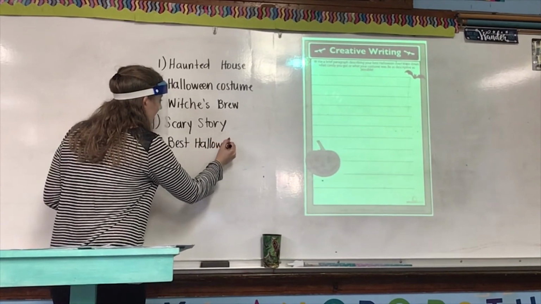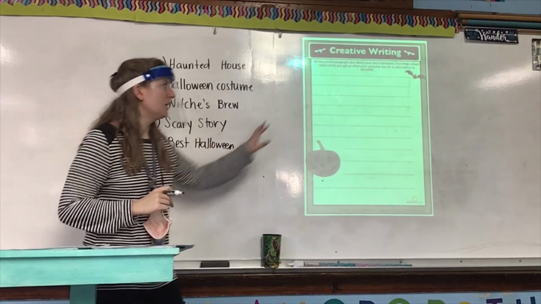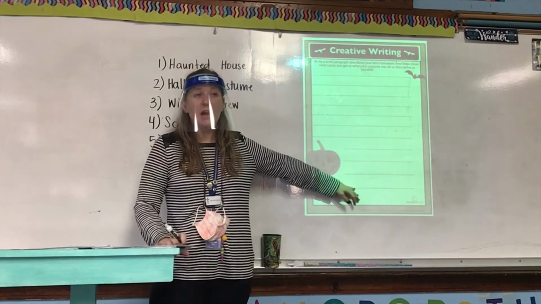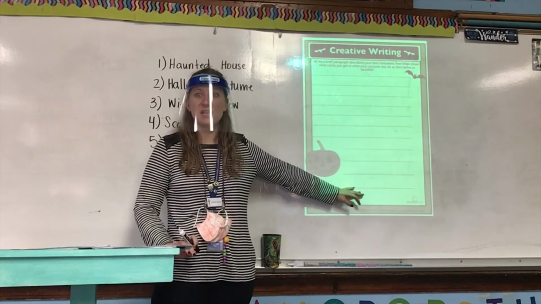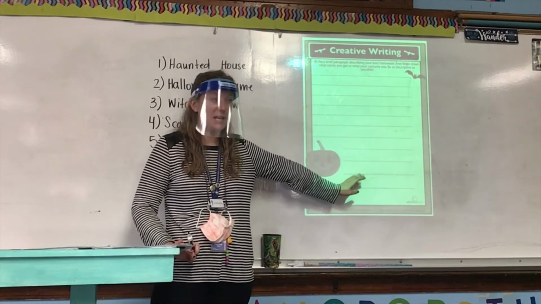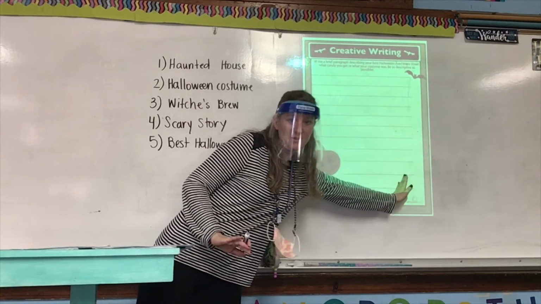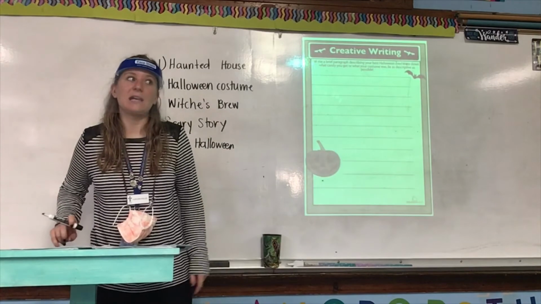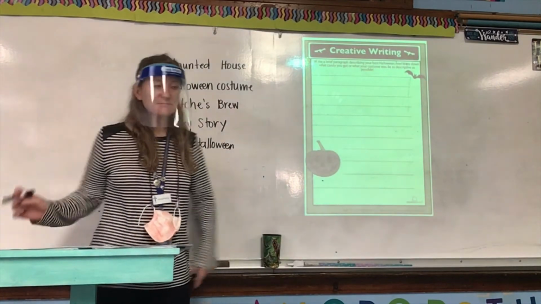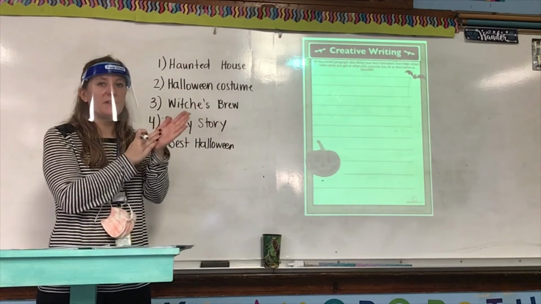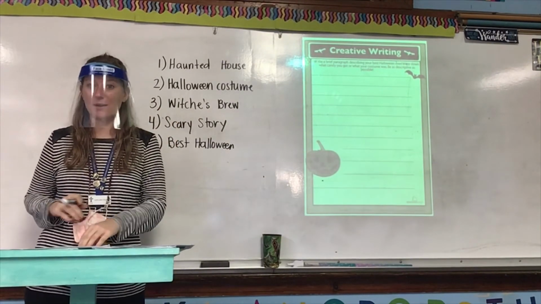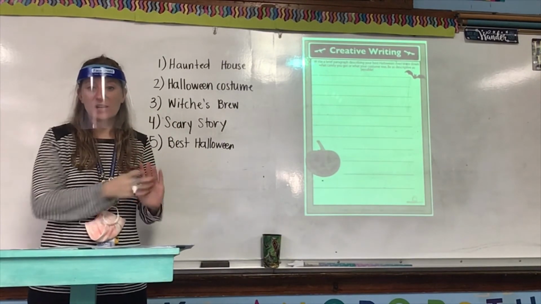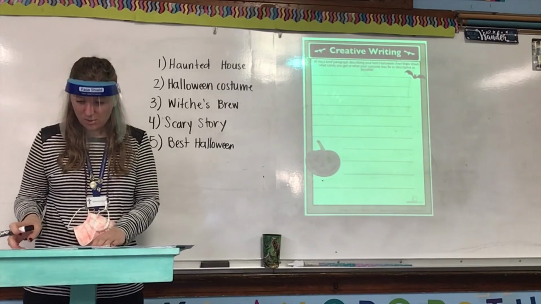Now I know I said you needed to fill this whole thing. Do not make your handwriting as big as possible to fill it in. I know what your handwriting looks like, and if you all of a sudden have massive handwriting, well, you're going to do it again. So what that means is when you're writing in your writer's workshop, it needs to take up about a whole page in your writer's workshop notebook. Okay, next.